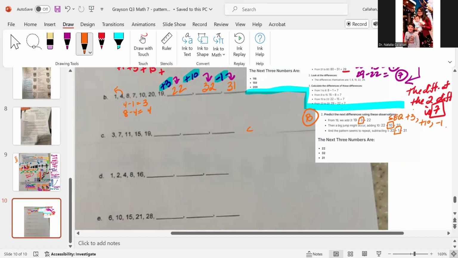Good. What's your sequence? Everything? And it's constant, right? Okay, so what's the answer after 19? Good, that's much easier, right? What about for D? What's your answer?